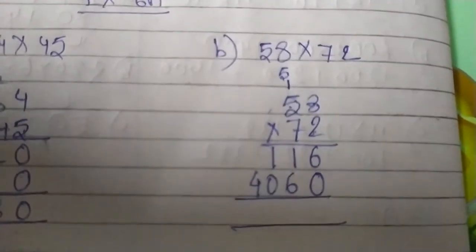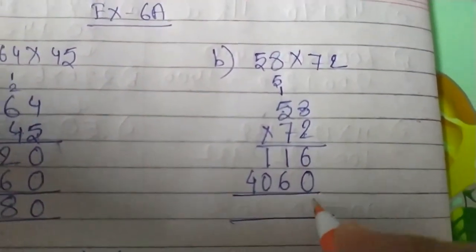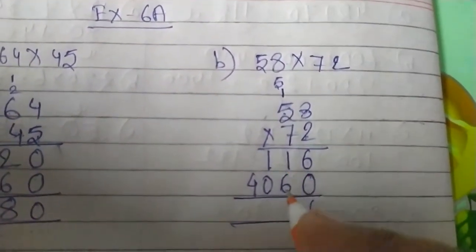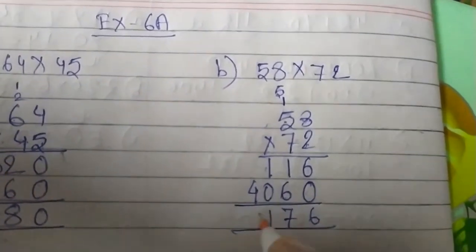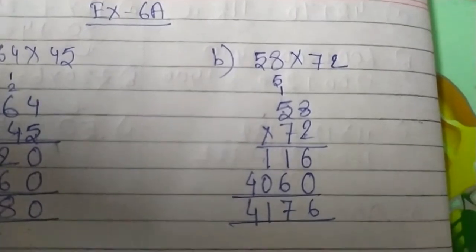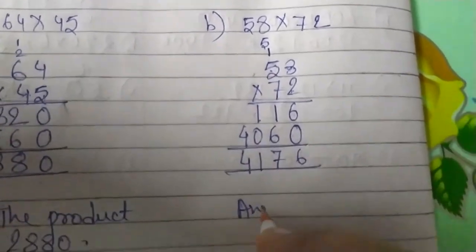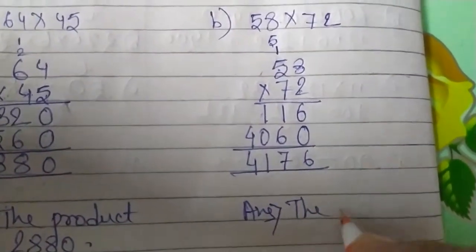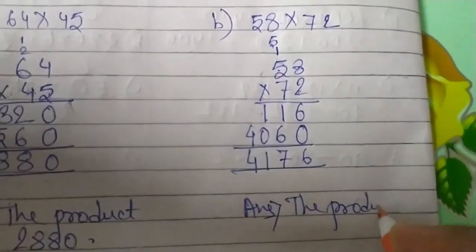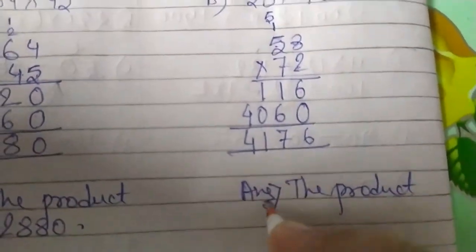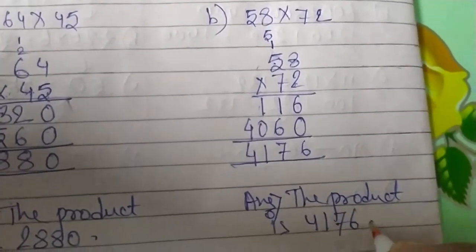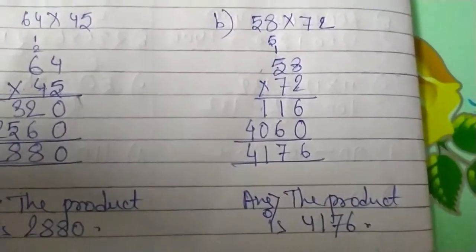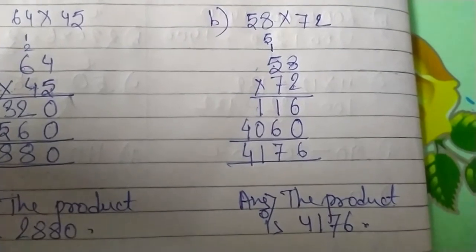Now we will add. 6 plus 0, 6. 1 plus 6, 7. 1 plus 0, 1. And 4 will come down. So, our answer we will write. The product is 4176. Clear? Let us move to the third sum.